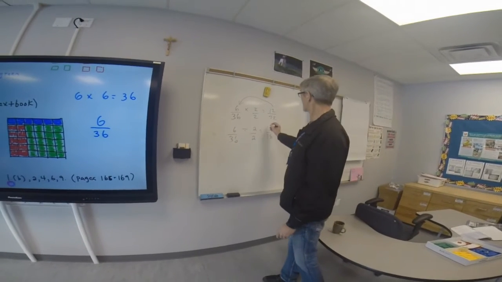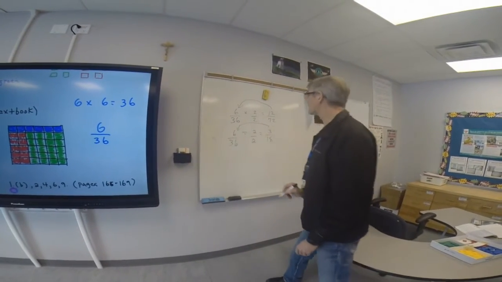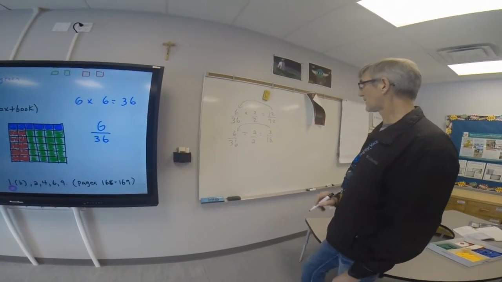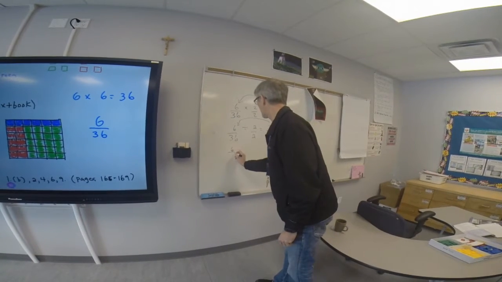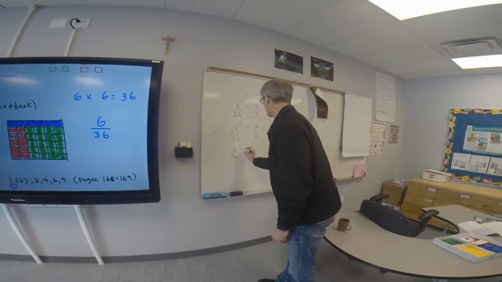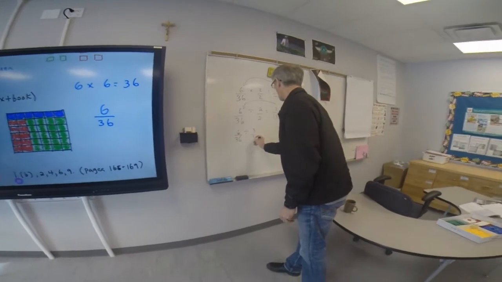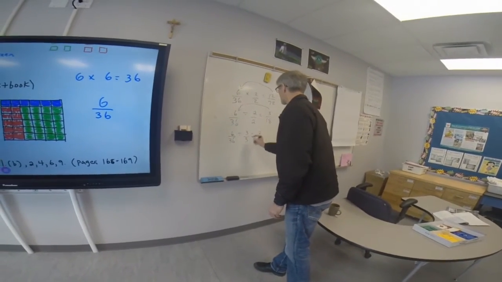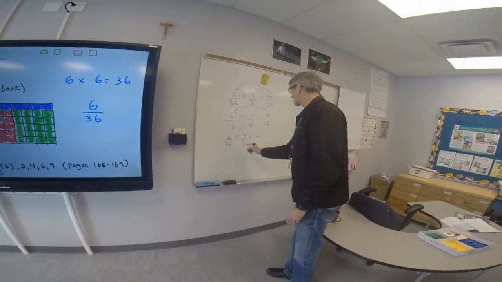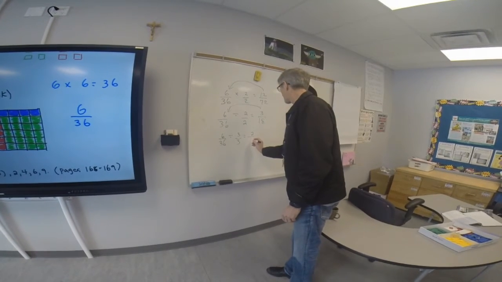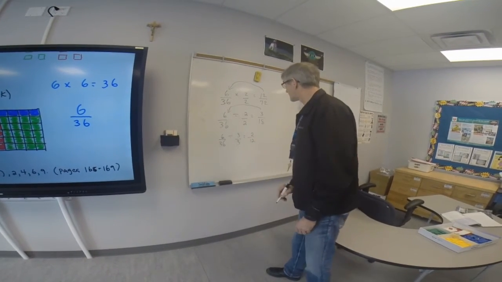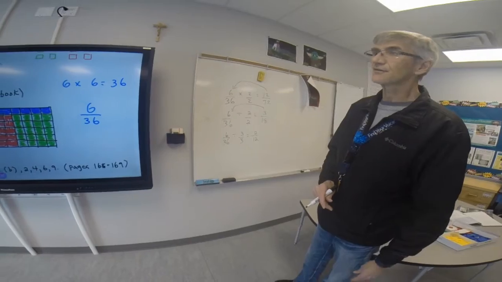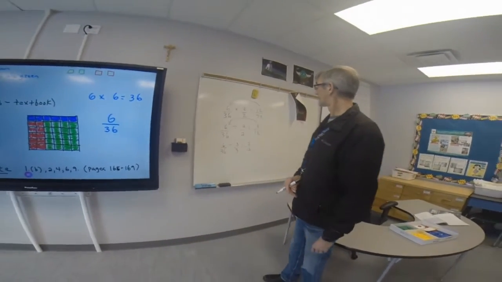So this is an equivalent fraction to that one. Okay, we could also divide by 3 would work. And we get 6 divided by 3 equals 2. 36 divided by 3 equals 12. So those are some possibilities for the blue color. All right.